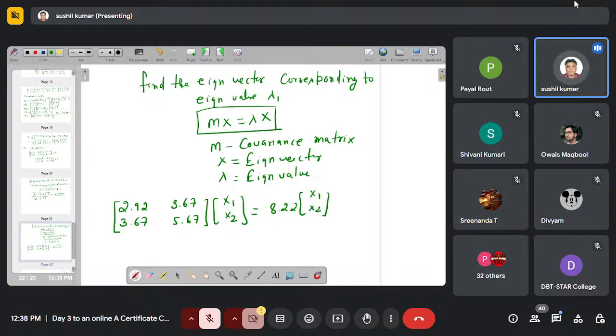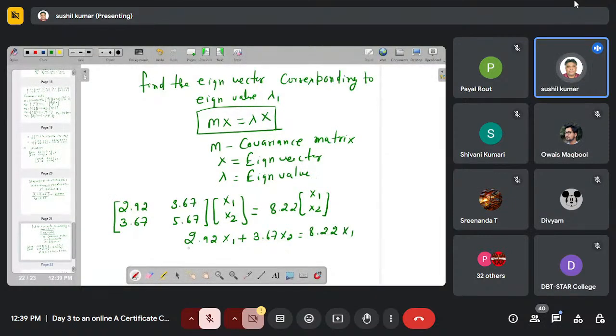Through this you will get the values of x1 and x2. If you do this calculation, you will get so many equations: 2.92 x1 plus 3.67 x2 is equal to 8.22 x1.